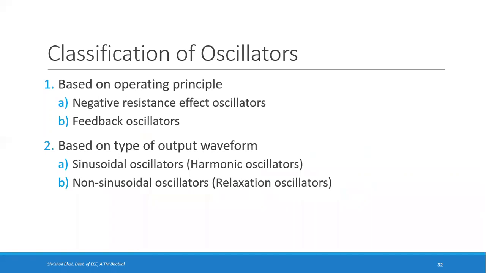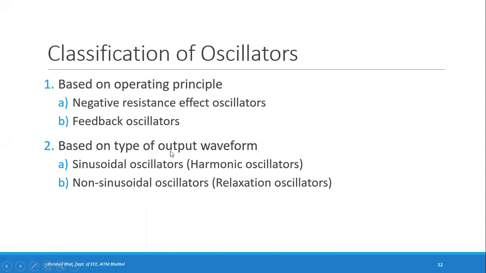First we will see the classification of oscillators. Oscillators can be classified into different types based on different criteria. Based on the operating principle, there are two types of oscillators: negative resistance effect oscillators and feedback oscillators. What we are going to study is the feedback oscillators.